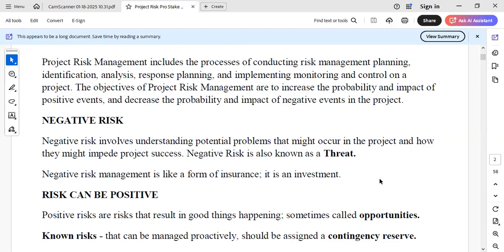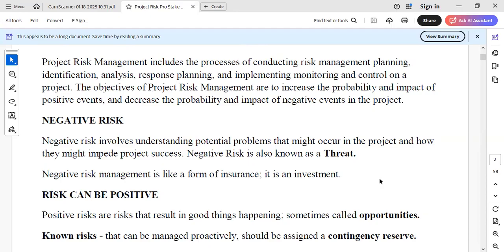Risk is the possibility of unplanned events invading our project, whether good or bad. The good ones are positive, unplanned events. The bad ones that will take money out of our pockets are negative, unplanned events. So these are negative risks.